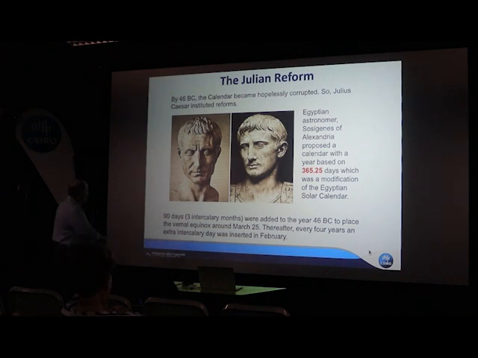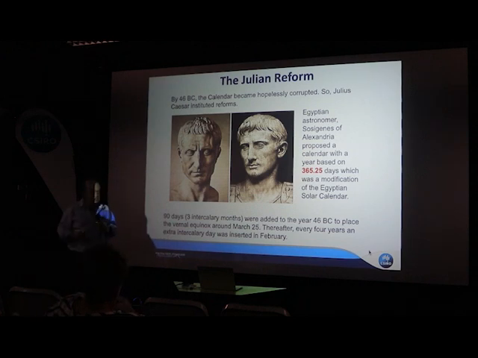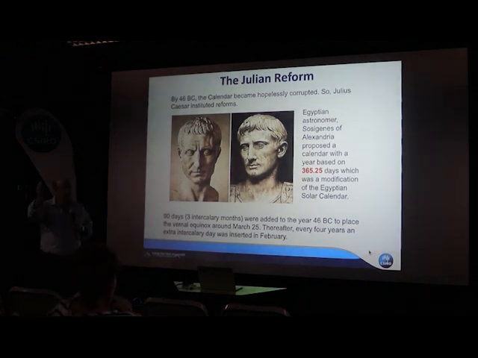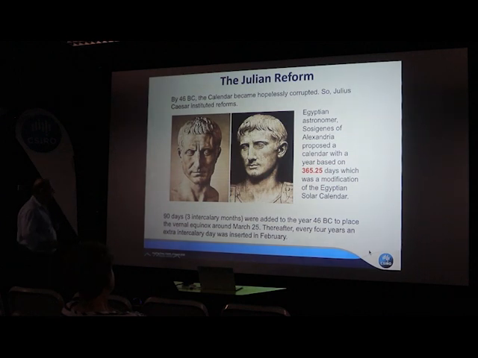Thereafter, every 4 years, an extra intercalary day was inserted in February, which is what we have. We call that the Julian calendar. For hundreds of years, under the Roman Empire, and later under the Christian Holy Roman Empire after the fall of the Roman Empire, it became the calendar of general use.